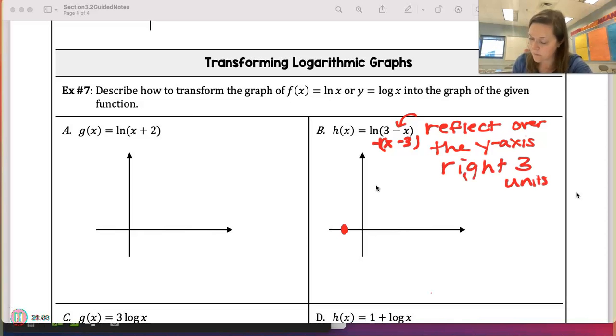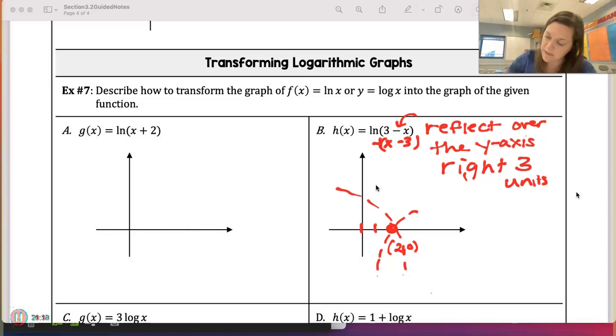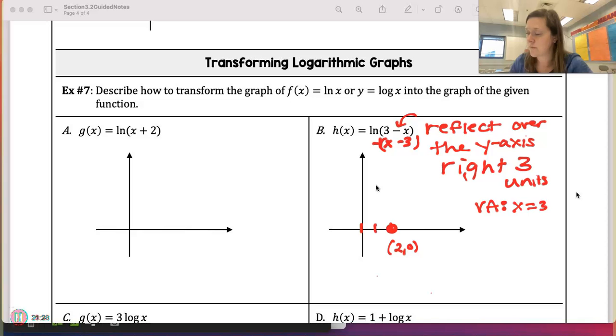So 1, 2, 3, now I'm at (2, 0). Now I've got to figure out where my asymptote is. My vertical asymptote is shifting to the right 3 units, so that's going to put me at x equals 3.